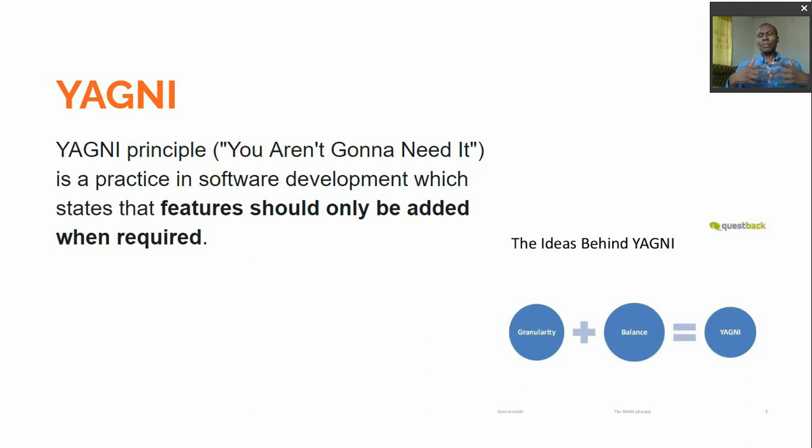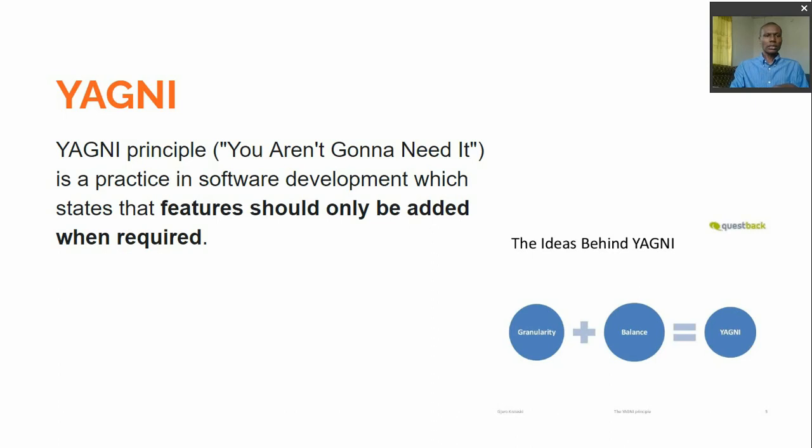And this should not just remain a principle alone, it should be a practice in software development, and you should endeavor to carry it out so that it will give you a concise application size, which will improve the loading and the performance of the application from the user's end.